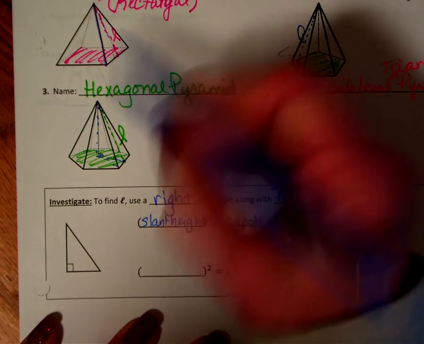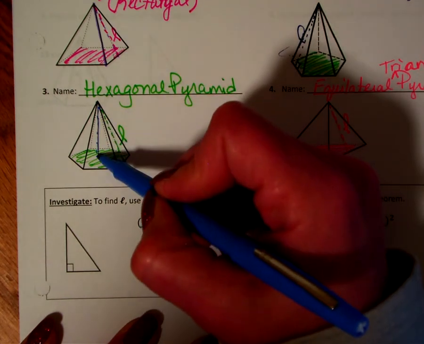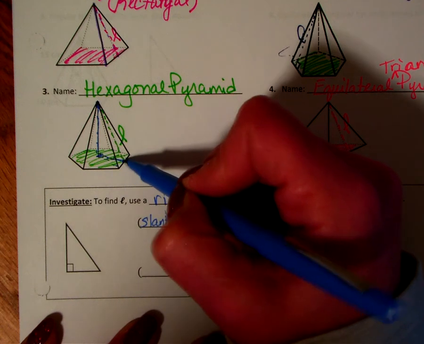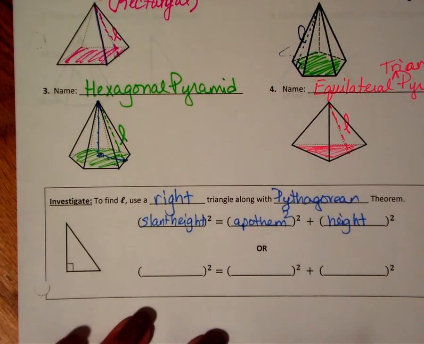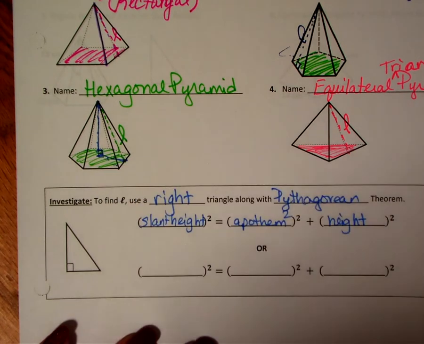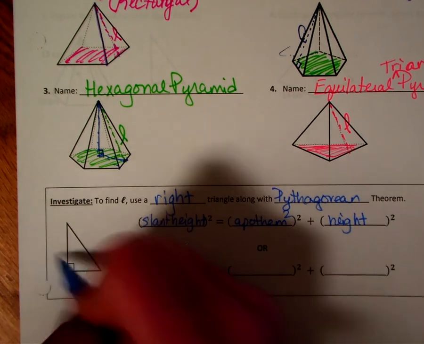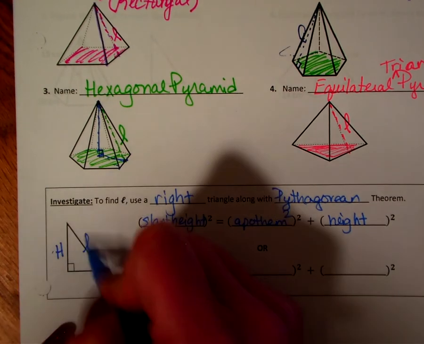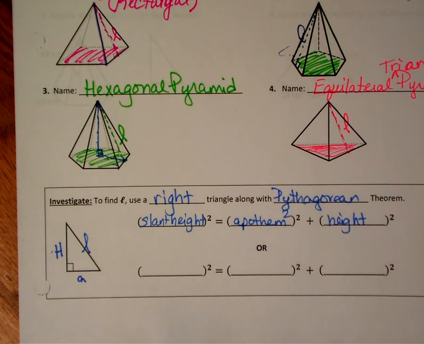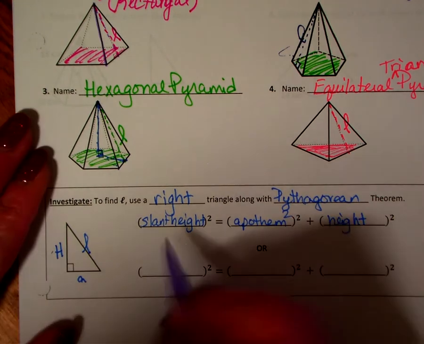The h they're talking about is when you drop it vertically from your apex, and then you use your apothem, so you go to the middle of one of the sides. That would form a right triangle here. This is your right angle. So that would be your h, your slant height, and your apothem. Or you can use your lateral edge.